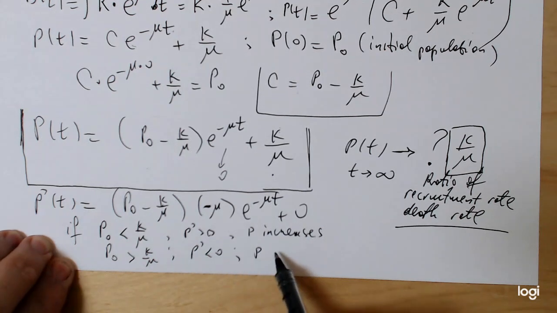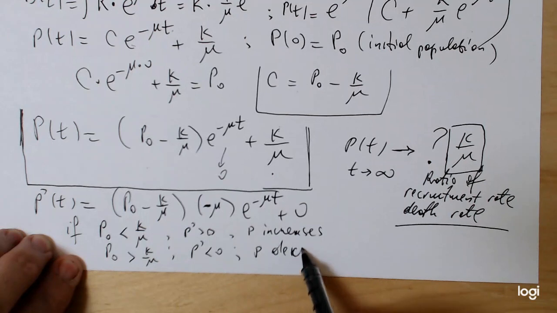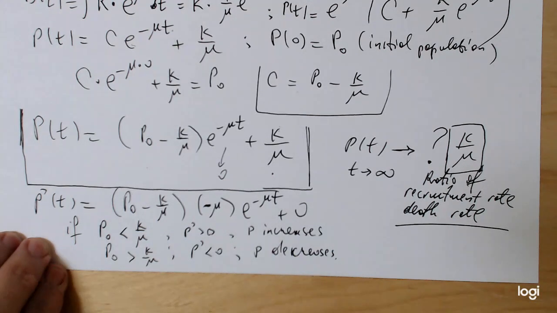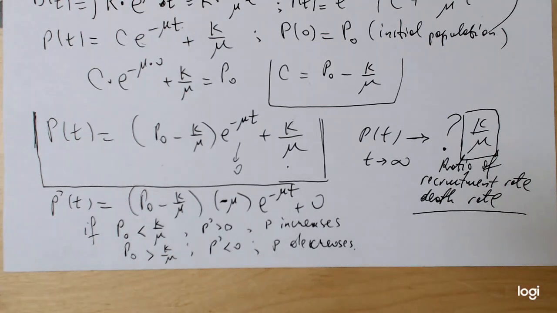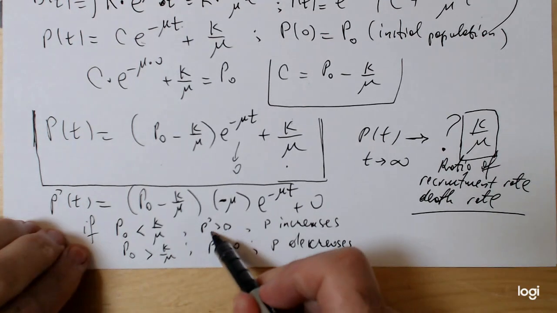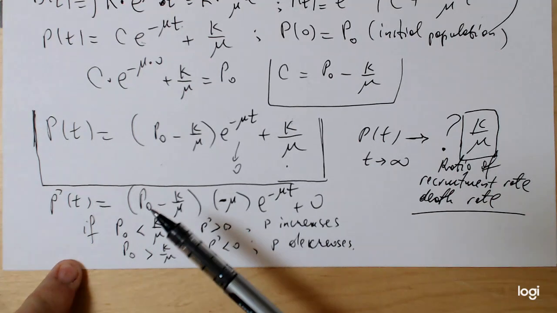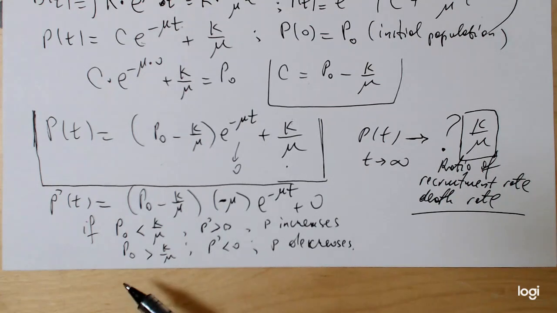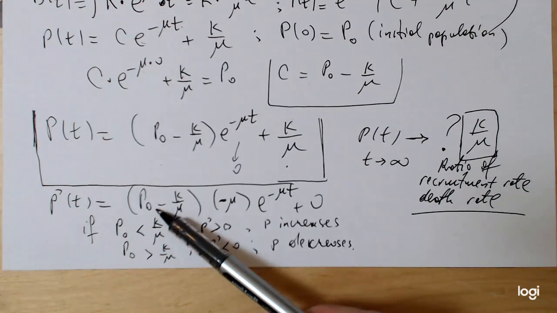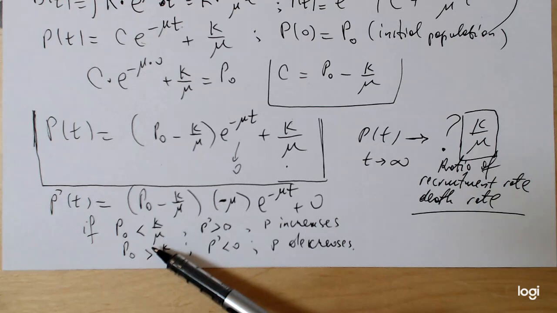So therefore, P prime is negative, P will decrease. That could be important in your modeling work, right? Because you could predict more about what happens with the population depending on the initial population size, so depending on the relation between the initial population size and some other important term in the model.